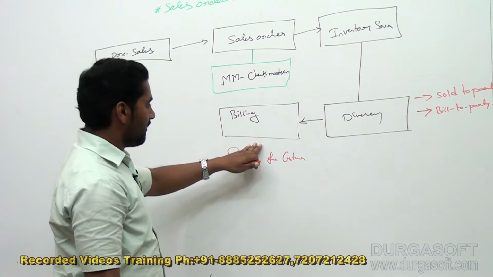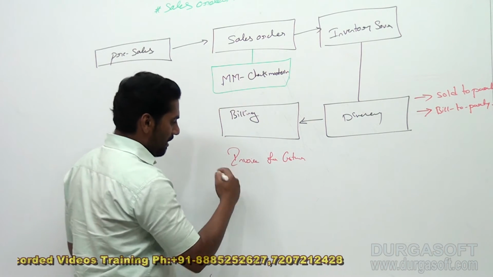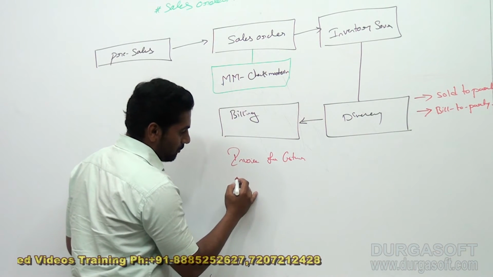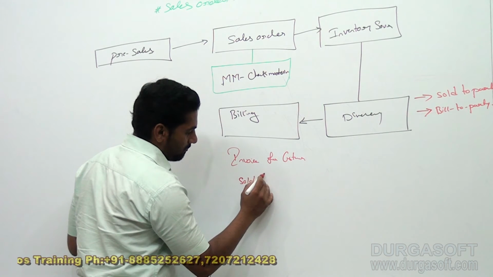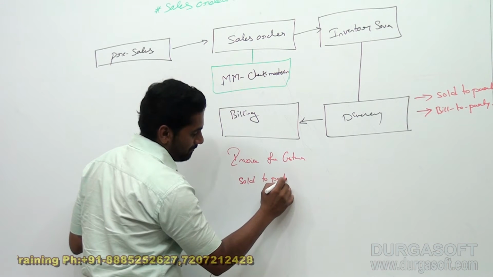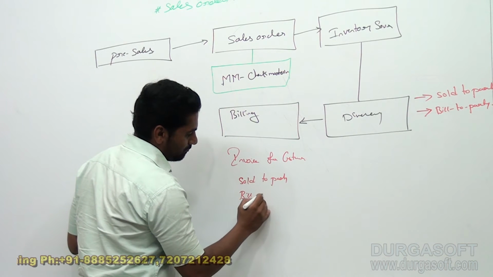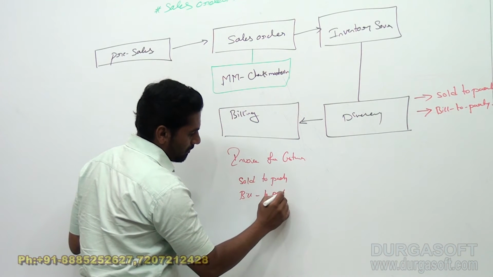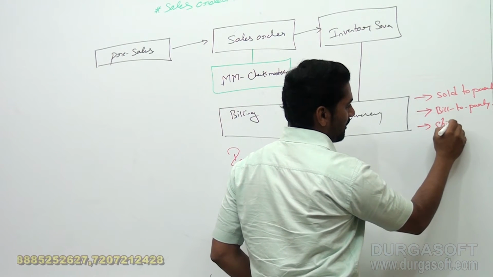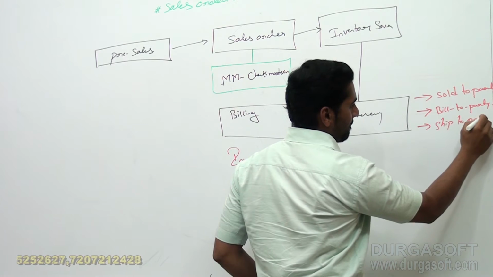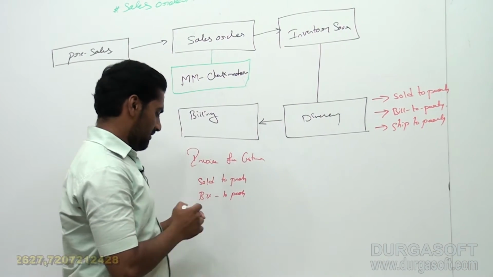So the billing will be to a customer. We can do the billing to the sold to party or the bill to party. Here we can also perform these activities with the option called ship to party.